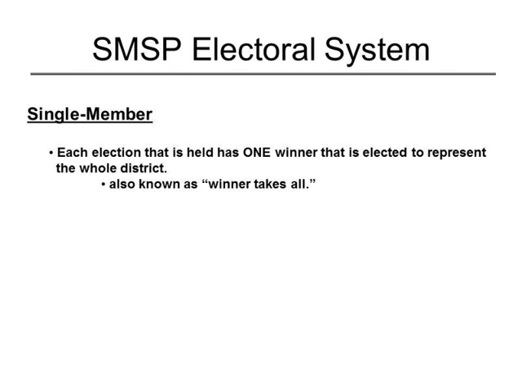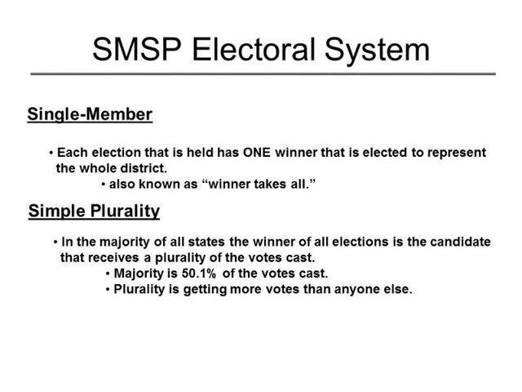And the second part of our electoral system is what we call the SP, or simple plurality, which means the winner of most of the elections in the United States is the candidate that wins a simple plurality of the votes. We've talked about this before, but just as a reminder, a majority is when you win more than 50% of the votes.